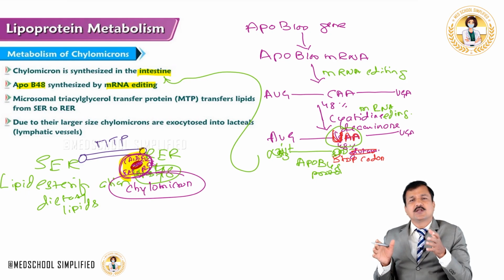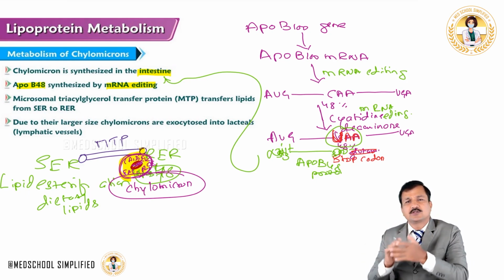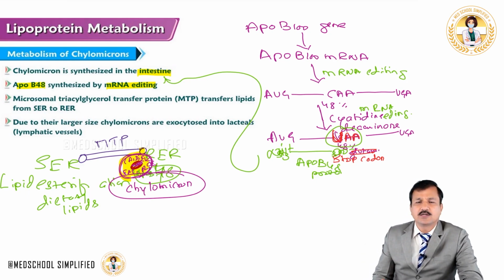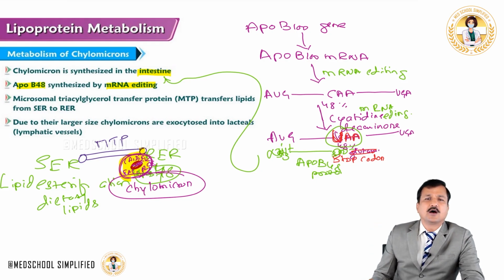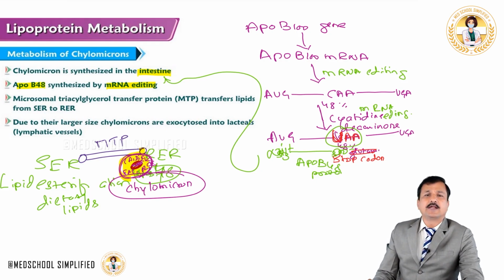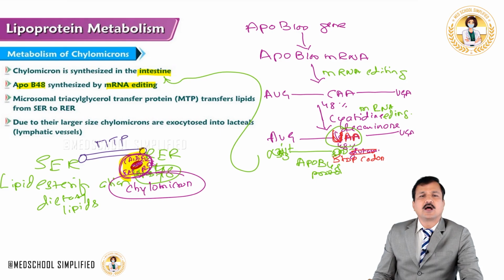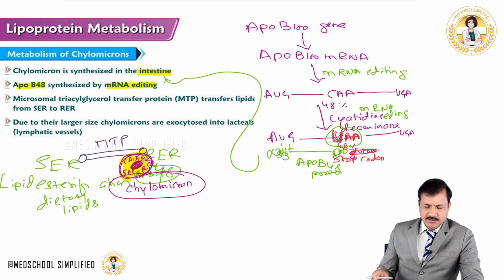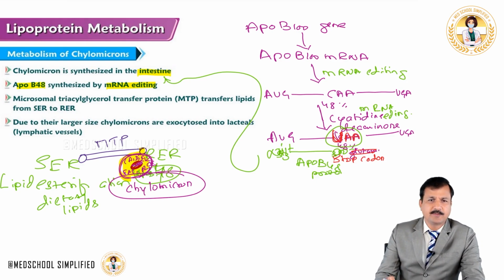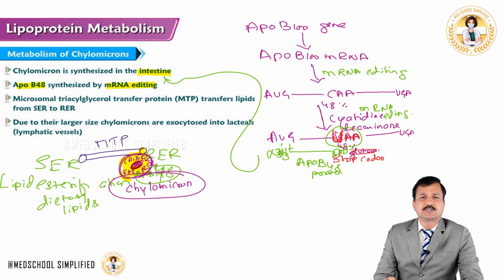From there it will reach the thoracic duct and then the right side of the heart, and from there it is pumped into the left side and then goes to systemic circulation. That's how chylomicrons enter into systemic circulation after being synthesized in the intestine. These are some of the points you should remember about synthesis of chylomicrons in the intestine.